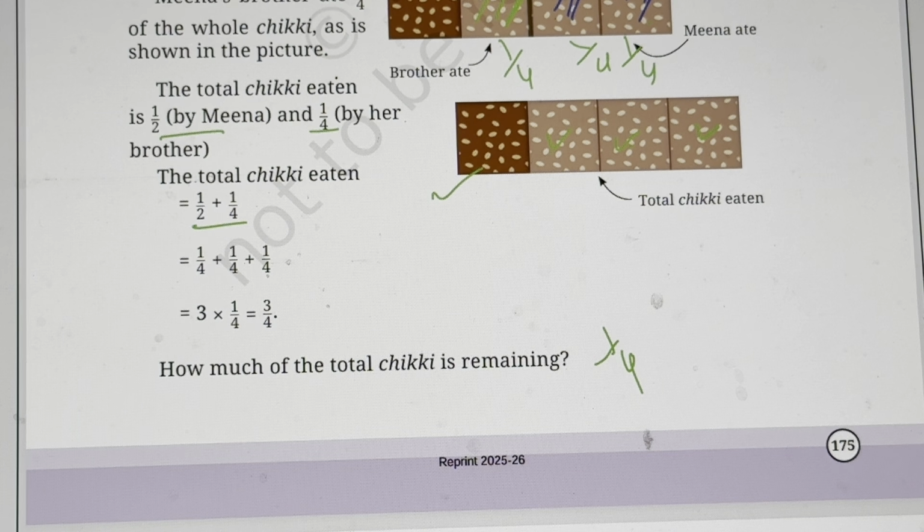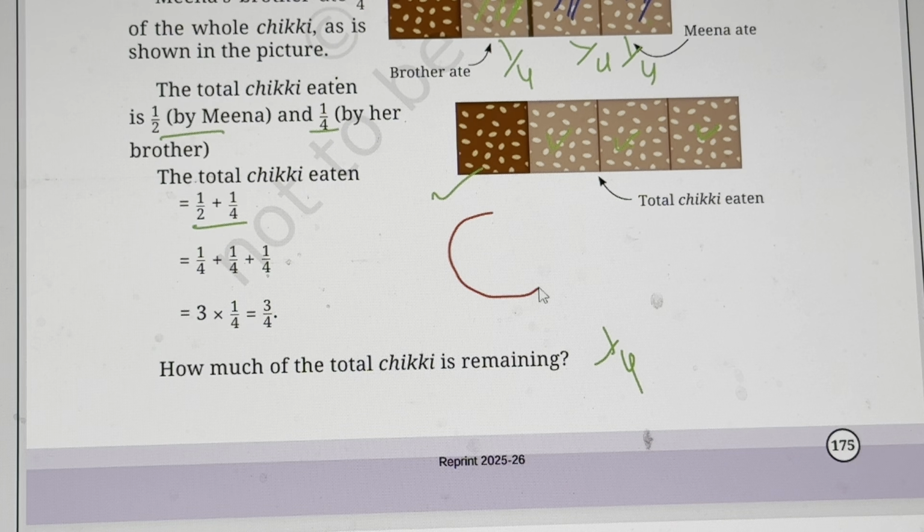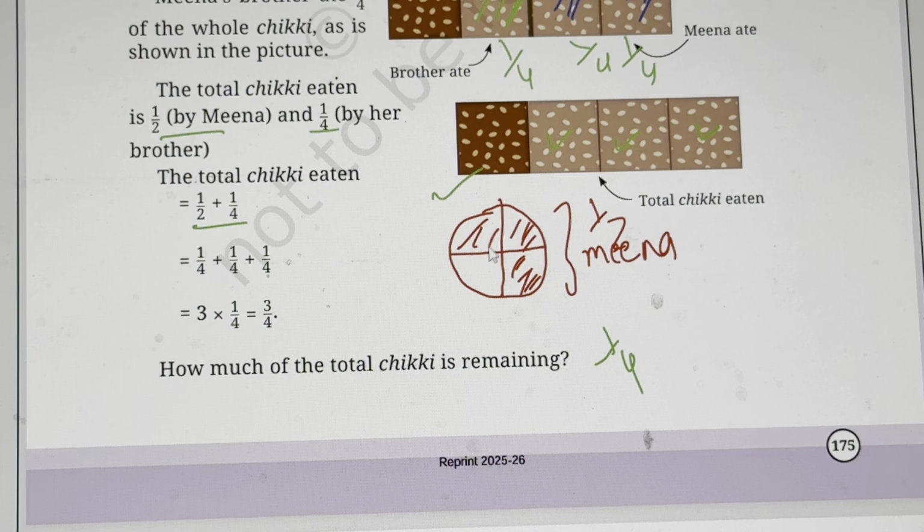Like instead of chikki, suppose it is some other thing like pizza or something. It's a circular thing. So then you just see this half is eaten by, you divide it into 4 parts. So half is eaten by Meena and that is half portion. And this portion is eaten by her brother.